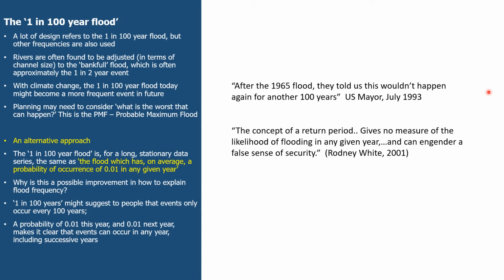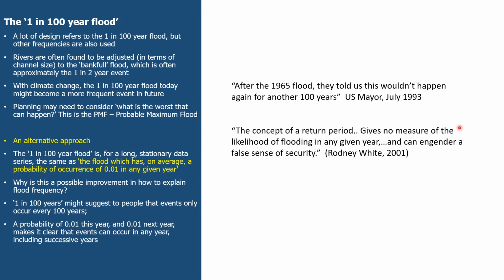One occurred in 1993. Equally, if you have a very long data period and you wait a few hundred years, there will be gaps of well over 100 years without any floods of that magnitude. So it isn't necessarily the easiest of concepts to explain.